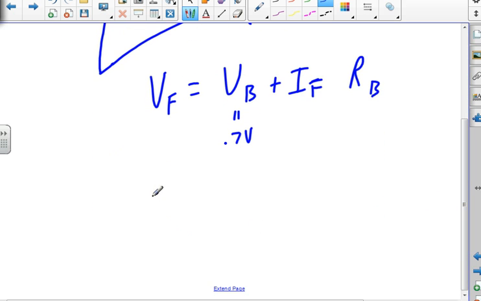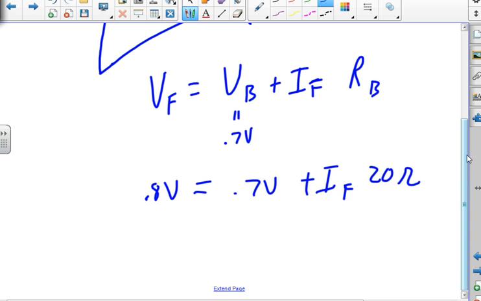And it also goes on to say that VB is 0.7 volts. All right, so we want 0.8 volts to equal 0.7 volts plus IF times 20 ohms. And now we reduced the words, which are totally, completely confusing and irrelevant to us on a one-to-one basis, into one equation, one unknown.